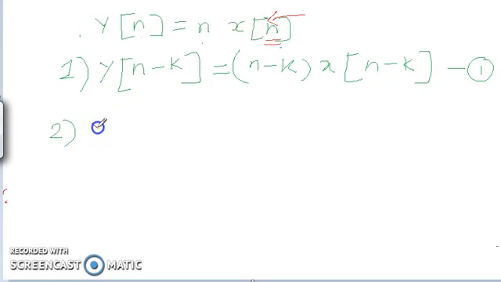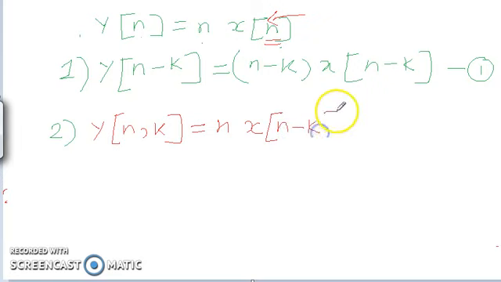Here the output we take as y[n, k], and we are not changing the other n, we are only changing the sequence associated with x. So it will be n times x[n minus k]. This is my equation 2.